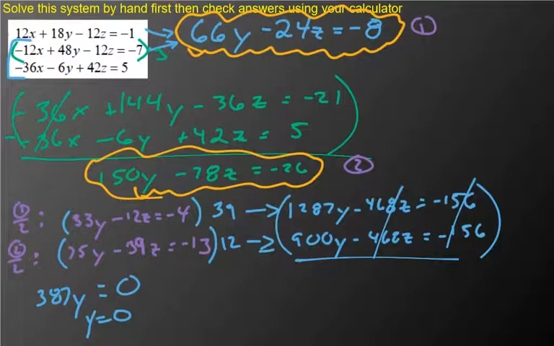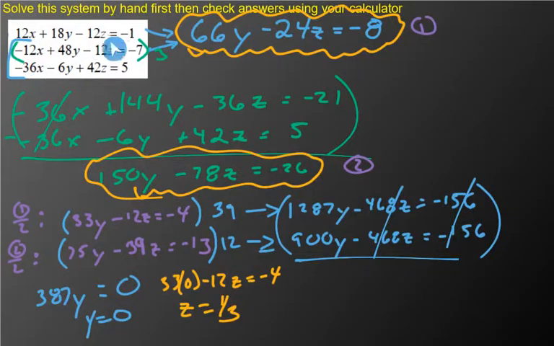And then we could go back and plug into this equation right here. So if you plug in, 33 times 0 minus 12z equals negative 4, it's going to tell you z is a third. And then you can go back to any equation up here with your y and z and get x.